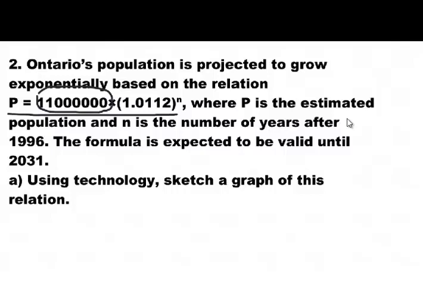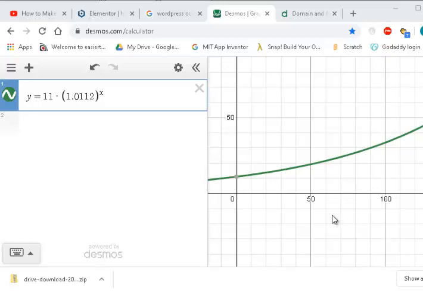If n is 0, then you are going to have 11 million as your initial population. And picking that point on your graph is going to be a little bit hard. Although it's not impossible, it's much easier to use technology.